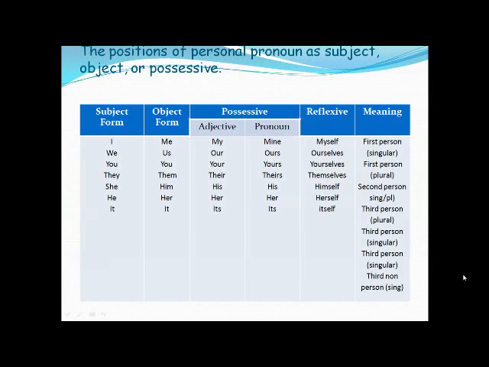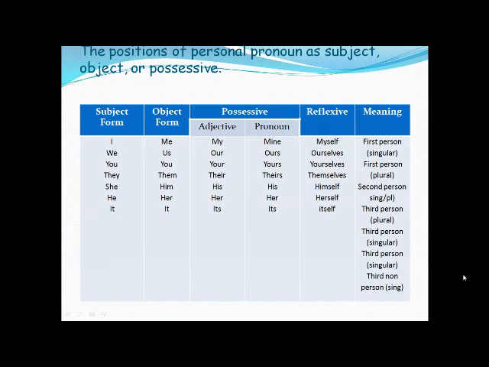And for possessive, divided into two parts, there is adjective and pronoun. For adjective: my, our, your, their, his, her, and its. And for pronoun: mine, ours, yours, theirs, his, hers, and its.